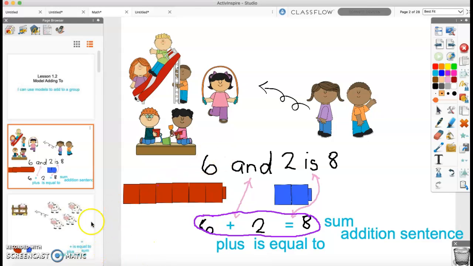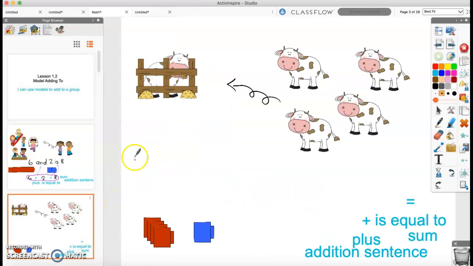So, here is our next problem. I see a cow inside the fence, and I see more cows that want to go inside the fence. So we're going to create a model for that. I see one cow right here, so I'm going to put up 1 cube.